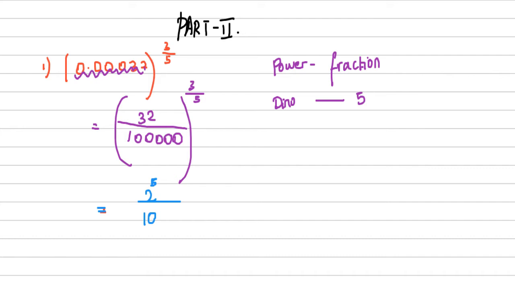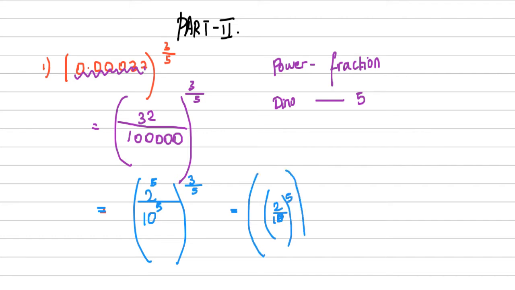So here we can write it as 10 to the power 5. Both numerator and denominator have power 5, so you can take the power as common and write it as 2 divided by 10, the whole to the power 5. And of course you have the outer power, which is 3 over 5.